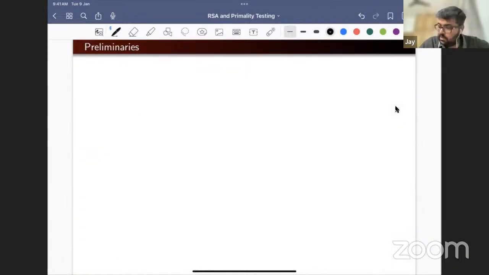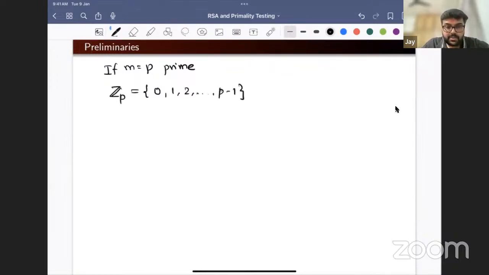But if we take m equal to p, so p is a prime, right? Then we denote it by Z_p. Z_p is the integers modulo p, 0 to p minus 1, and then this Z_p star.